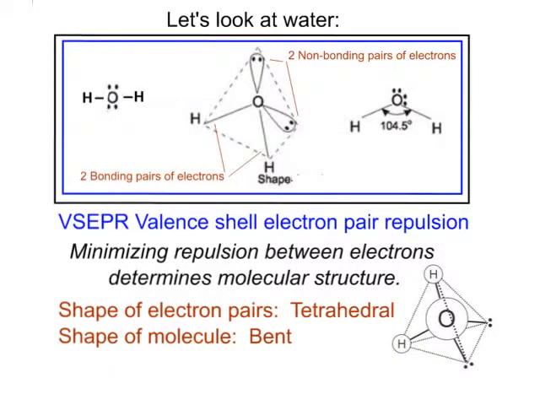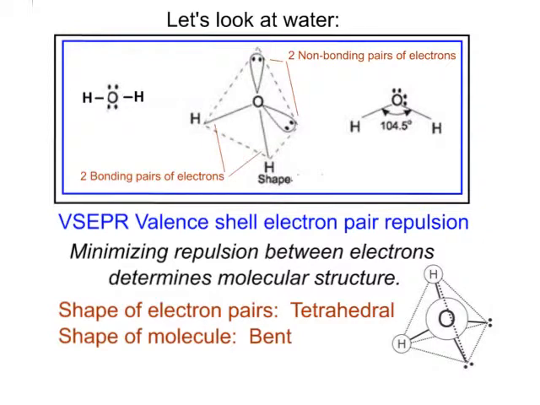Now, when we predict how a molecule will be shaped, what its structure is going to be, we use something called VSEPR theory. It's valence shell electron pair repulsion.